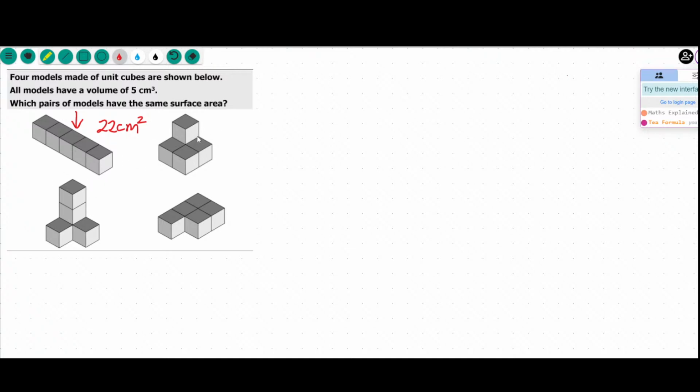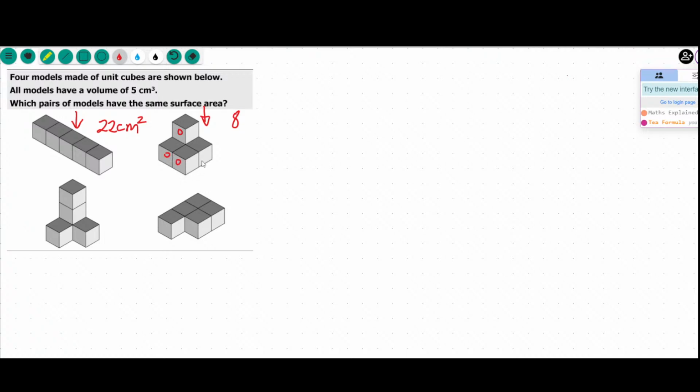Okay, let's do the one on the right. No surprise. The interesting thing about surface area from the top is, from the top, this one looks like a square. We've got 4 on top, 4 on the bottom. So we've so far got 8. And then from each side we have something like this, this, and this.